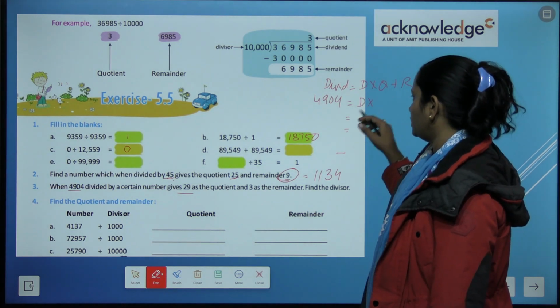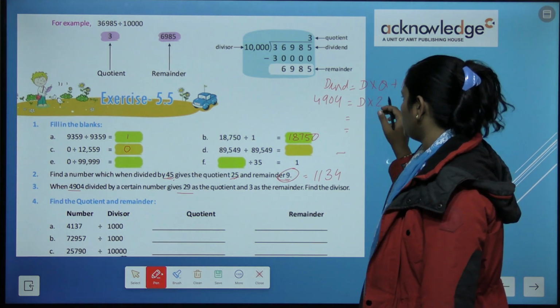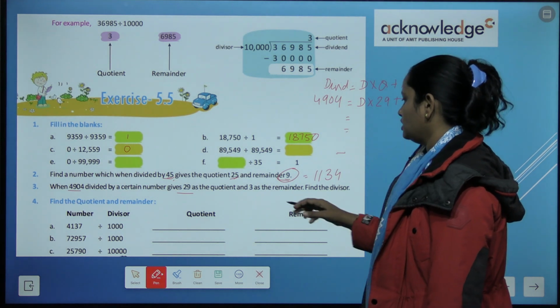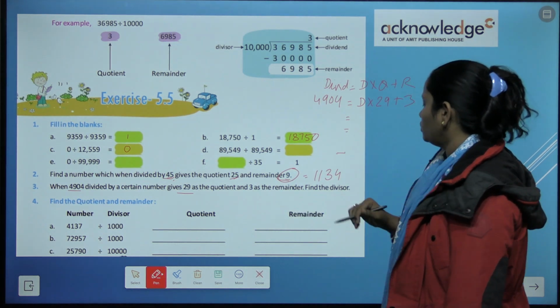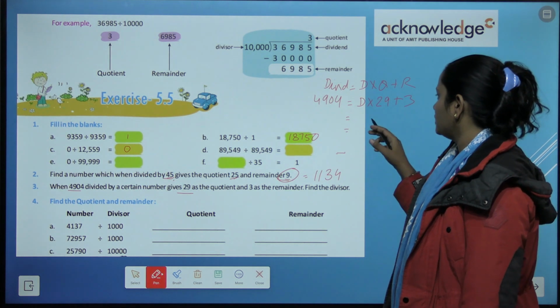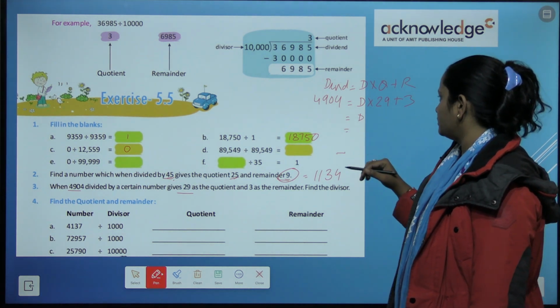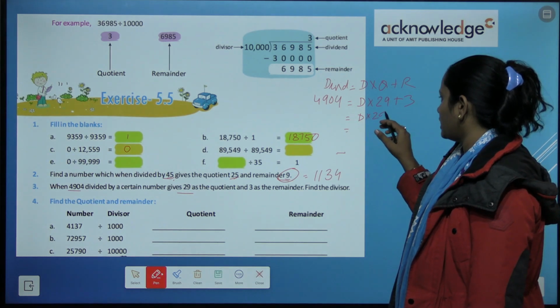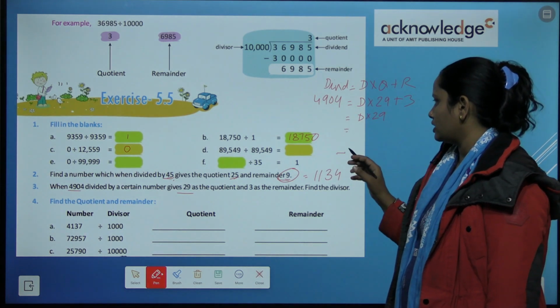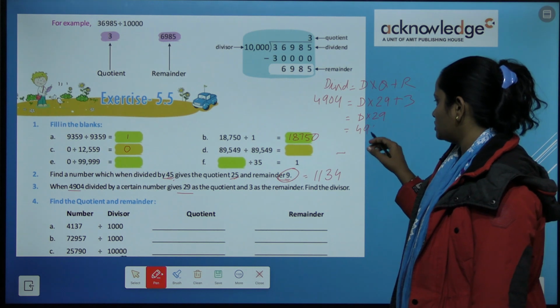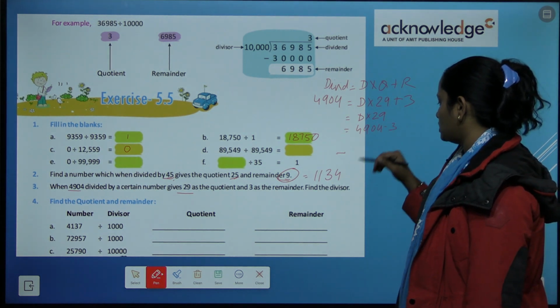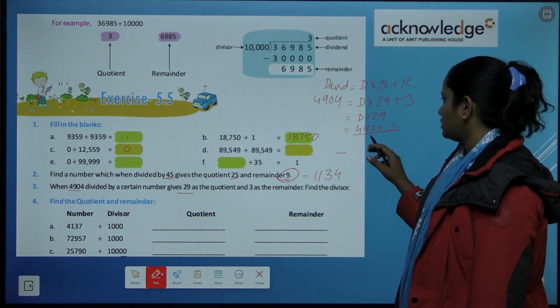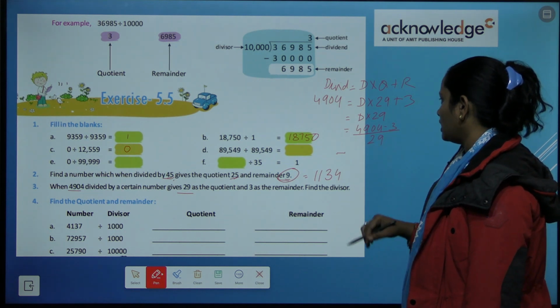वी गेट दिस एज क्वेश्चन, डी हमें फाइंड आउट करना है. क्वेश्चन है 29 प्लस 3 एज रिमाइंडर. तो इसमें हम क्या करेंगे, डी को हम यहीं पे लीव करेंगे और मल्टीप्लाई 29, 3 को हम इधर ट्रांसफर कर देंगे. सो 4904 minus 3 and divided by 29.